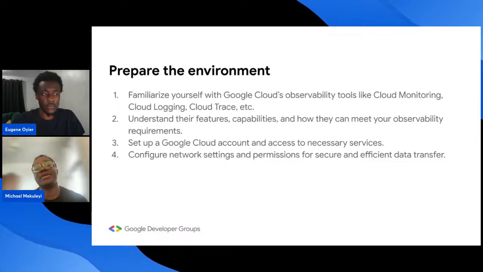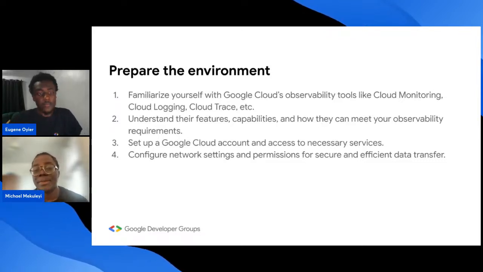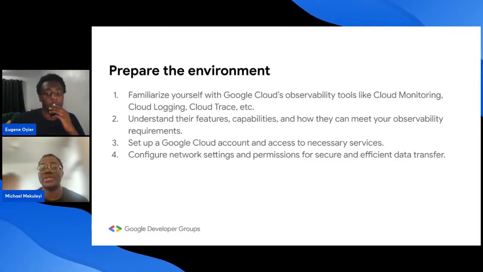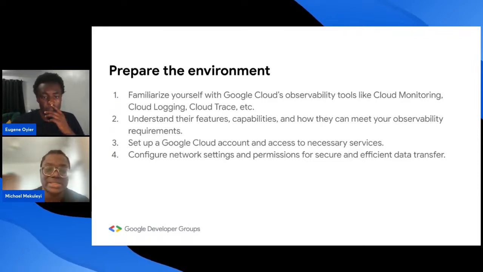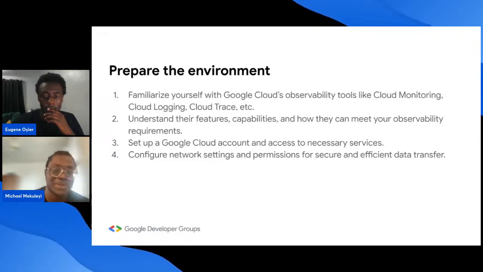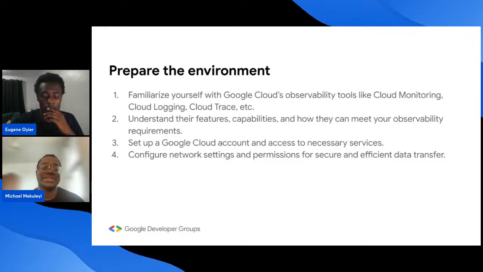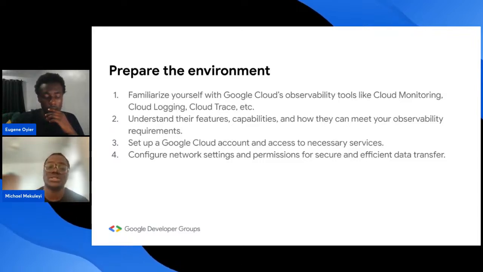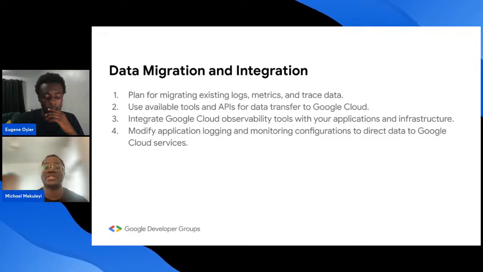You can prepare your environment by getting started with GCP observability tools for monitoring and logging, and understand the features and capabilities and how they can meet your observability requirements. You can also set up a GCP stack and access the necessary services, then configure network settings and permissions for secure and efficient data transfer.